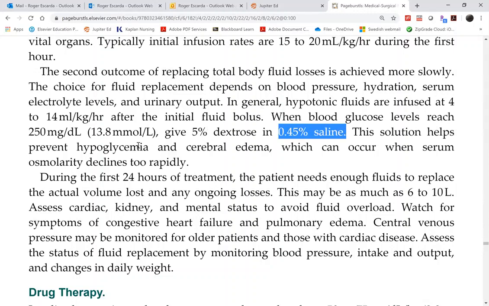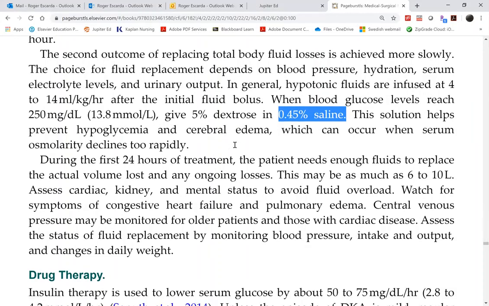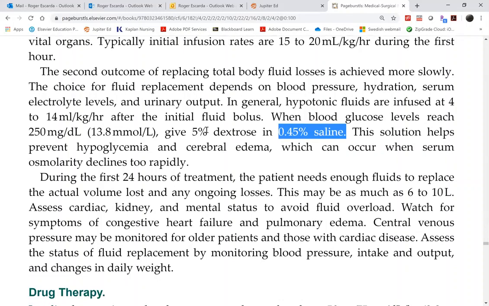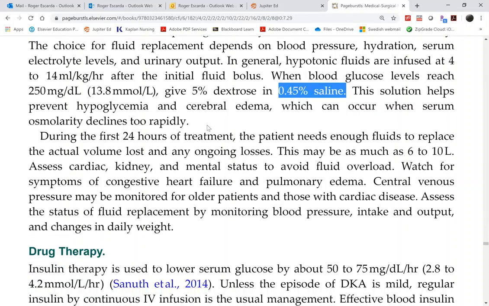This will be running at a much lower rate this time because we don't want to cause cerebral edema, because the sodium levels here might start to drop. Okay, I'll show you how later.